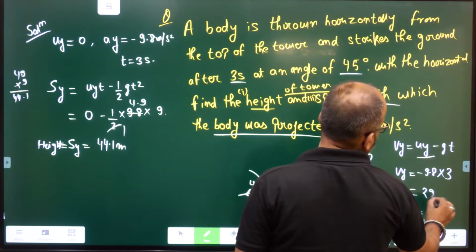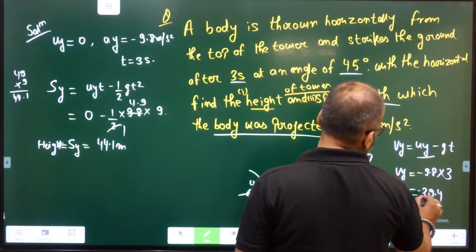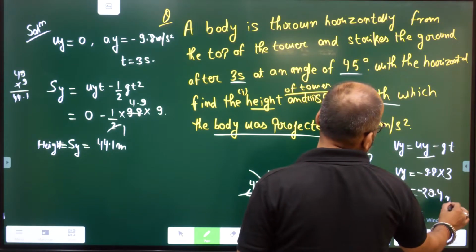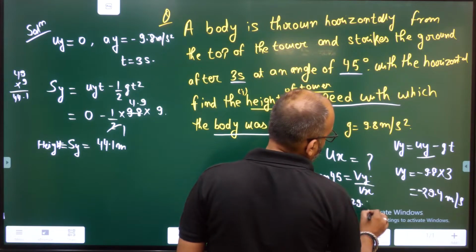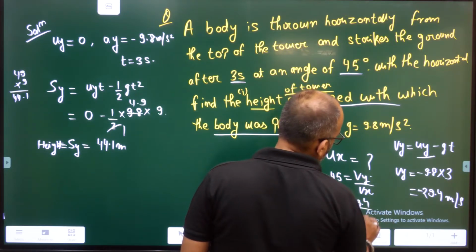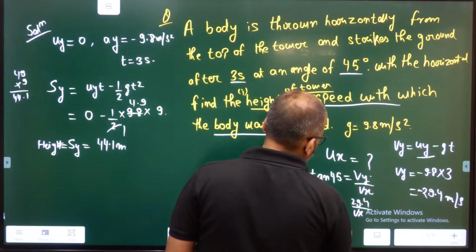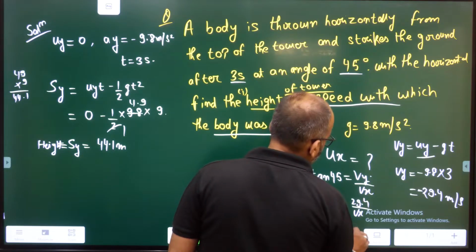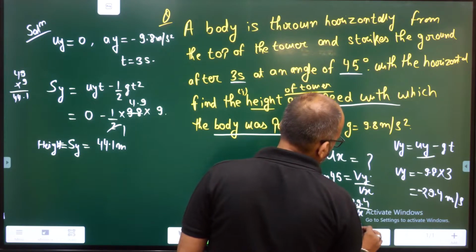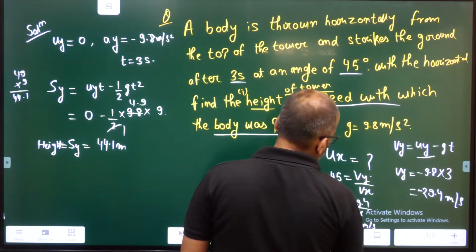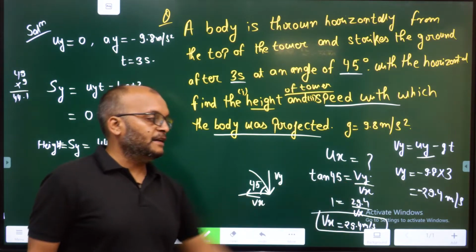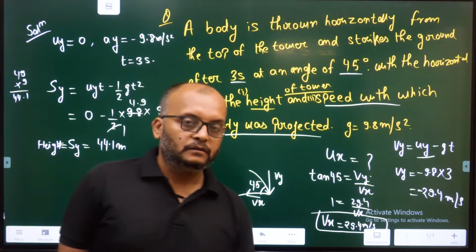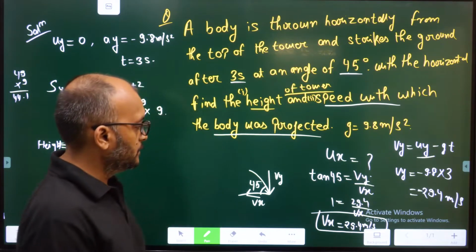So 29.4. Minus sign indicates it is in the downward direction. So where I am going to put 29.4 divided by Vx. So Vx comes out to be 29.4. Yes or no? Everyone, is this part clear or not? Yes, sir.